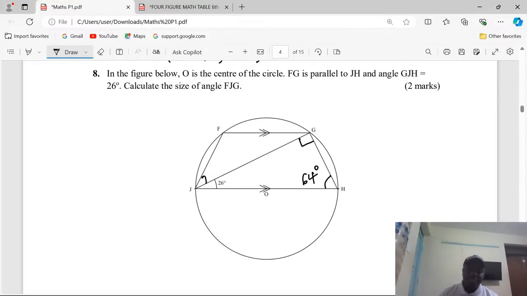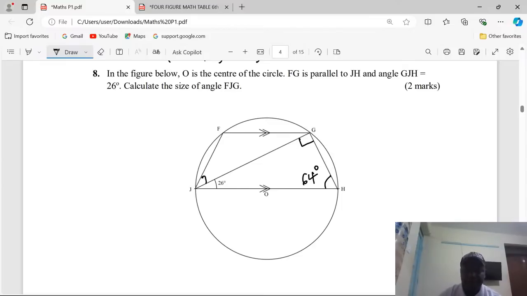All right, with 64 at that point, we are supposed to apply another property, whereby opposite angles in a cyclic quadrilateral are supplementary. The four-sided figure that you can see is called a cyclic quadrilateral simply because all the vertices are touching the circumference of the circle.